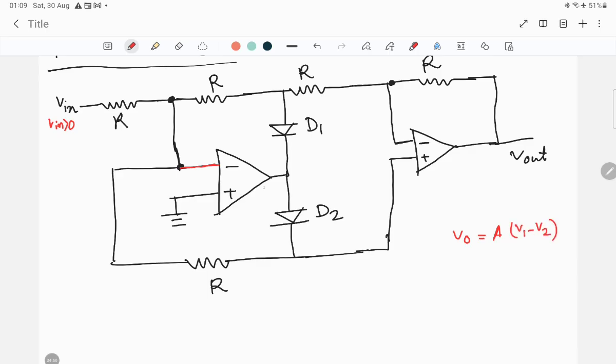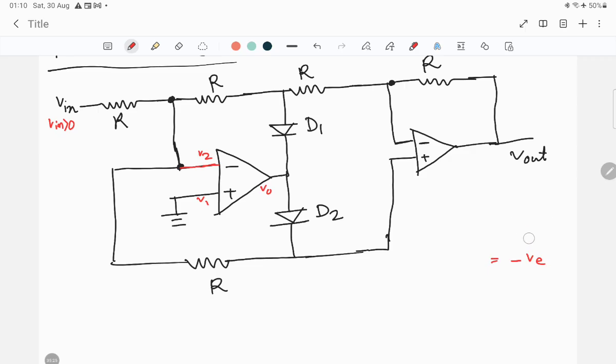The output of this op amp will be a negative value for this configuration, because this is the V2 and this is the V1 right now. V2 is connected with some positive voltage right now, so the output of this op-amp will be a very high negative value.